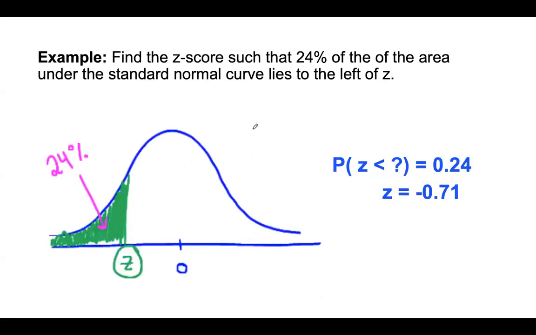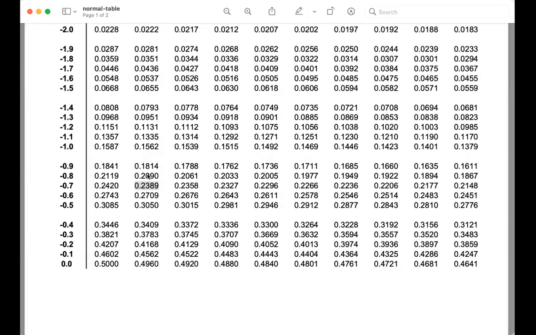So these are just more examples. Find the Z-score such that 24% of the area lies under the normal curve, and it lies to the left. So we know that if this is 24%, this is 0.24, and we're trying to find this value, we look it up in the table. So 0.24, it's about here.